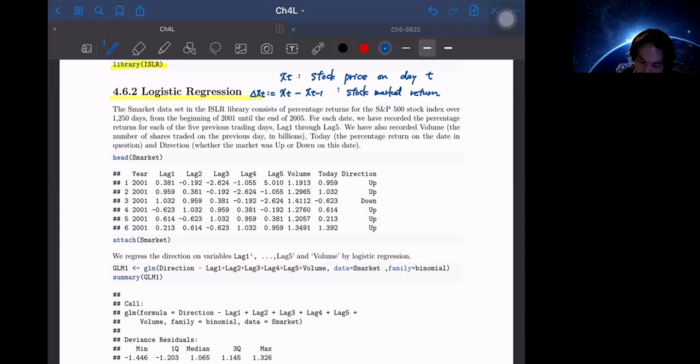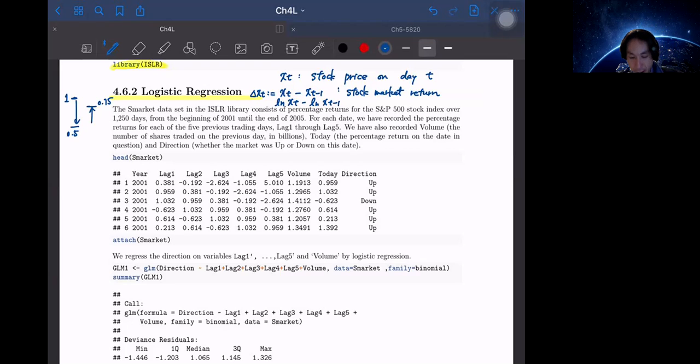Sometimes percentage return is more important, but it is hard to deal with because if the price goes 50% down, then 50% up, it does not come back to the original price. If the original price is 1, it becomes 0.5 and then 0.75. That is not convenient. So often we use the log of X_t minus the log of X_{t-1}.